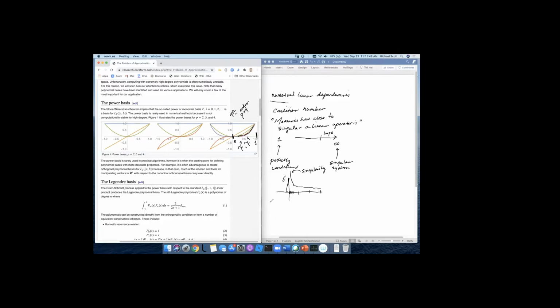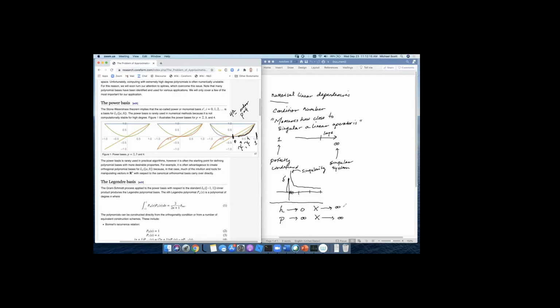Right. Okay. So just at a high level, we'll dive into this more later, but as the mesh size H goes to 0, the condition number goes to infinity. As the polynomial degree goes up, the condition number goes up.